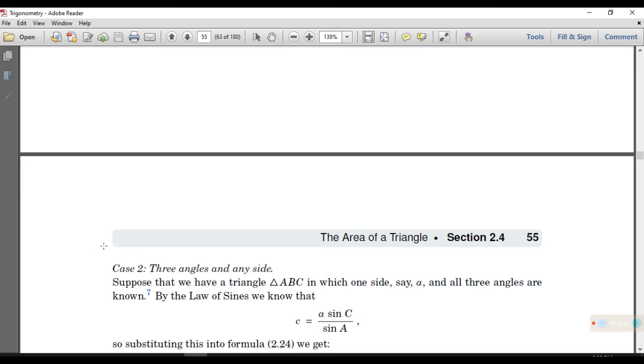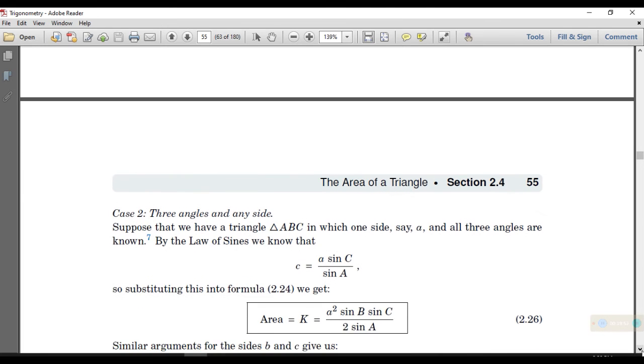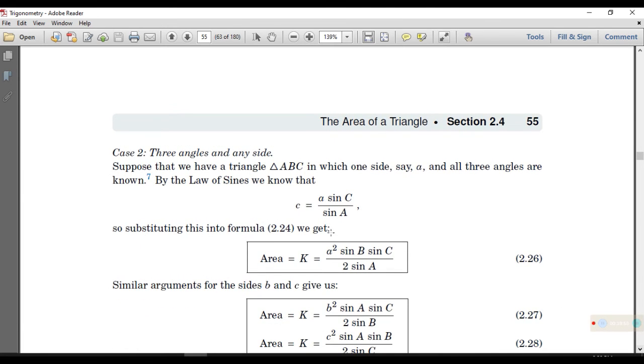Paano kung meron kang 3 angles and any side? So, ang given sa'yo ay, tingnan natin yung mga area na gagamitin natin. Iyan daw. So, case 2, 3 angles and any side.